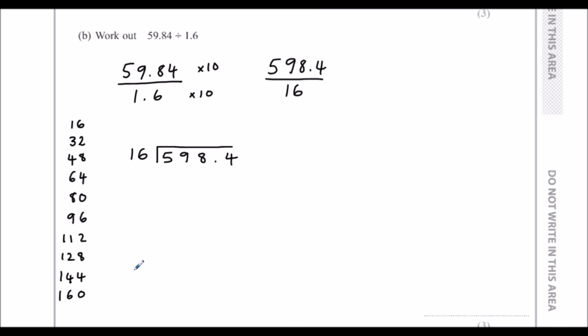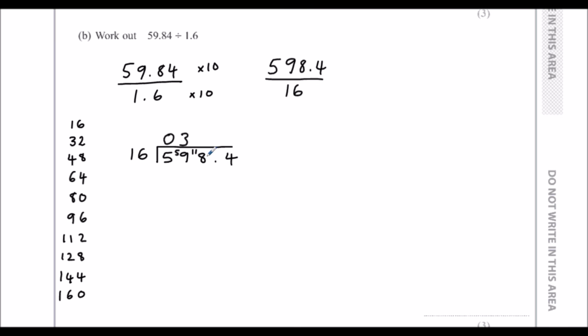So let's do the division now. How many times does 16 go into 5? Well, none. So carry the 5 over. How many times does 16 go into 59? 1, 2, 3 times. And that's 48. So we've got 11 left over.